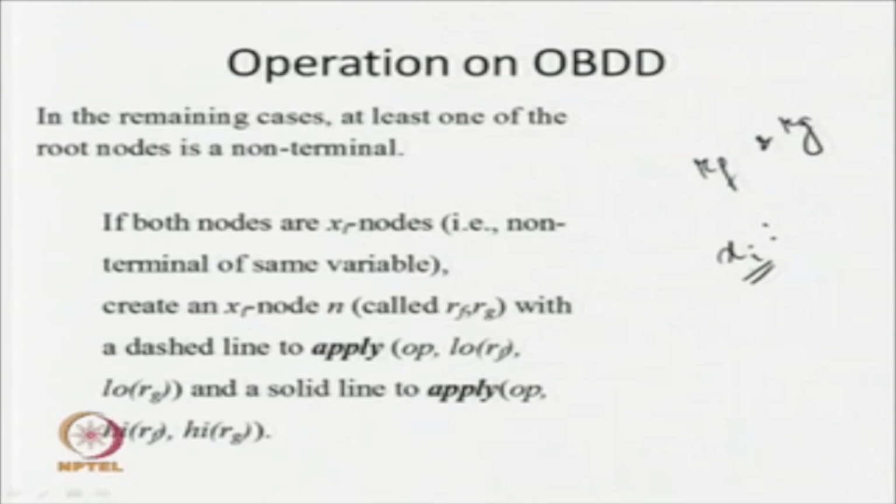Now, we are going to create a node Xi. That means, since both the functions depend on this particular variable Xi, we are going to create a node Xi, and we are going to call this particular node RF and RG, because in my given BDDs, one node is RF and the second node is RG. So, we are going to label a node called RF and RG, and since both these nodes are labeled by Xi, we are going to construct an Xi node.